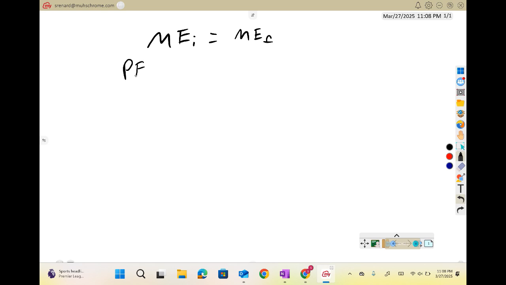In your notes, you should have that mechanical energy is equal to the sum of potential and kinetic energies. So we're going to rewrite this as whatever potential energy plus kinetic energy he had at the beginning is equal to the sum of the potential and kinetic energies he had at 2 meters above the water.